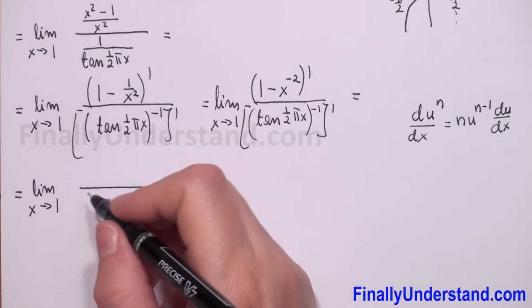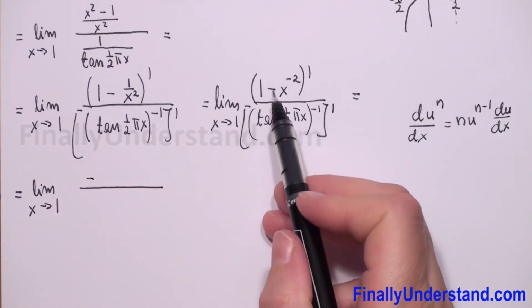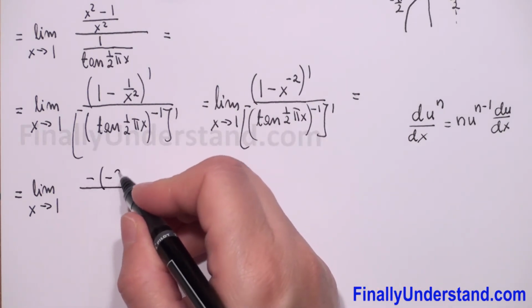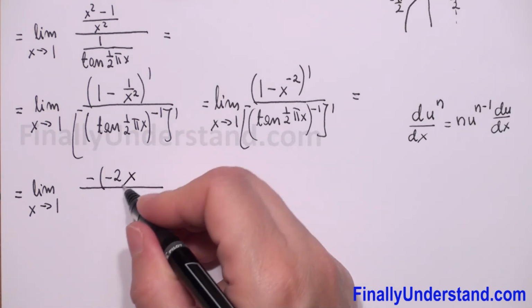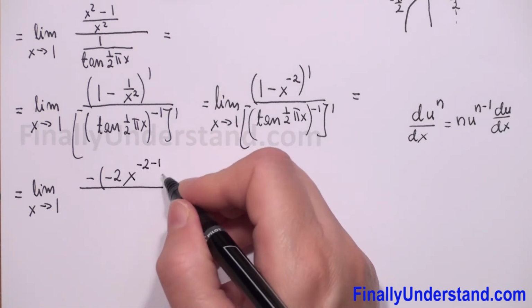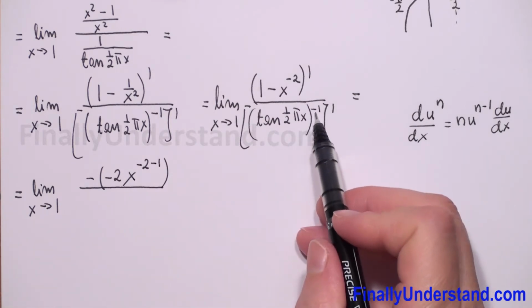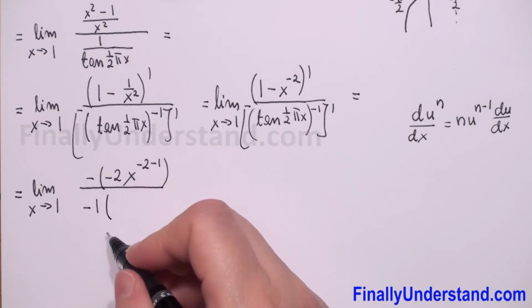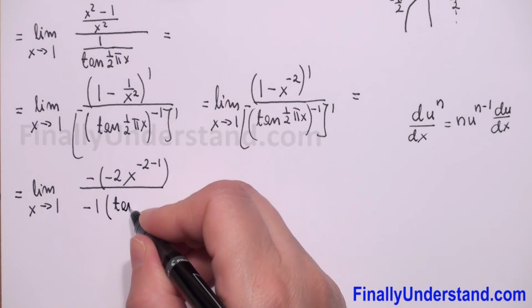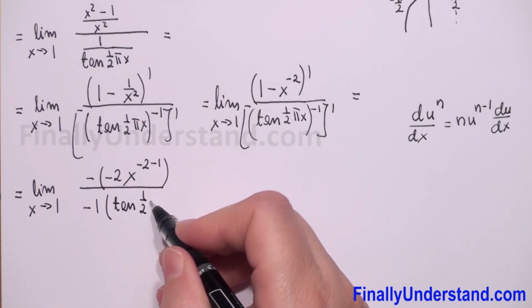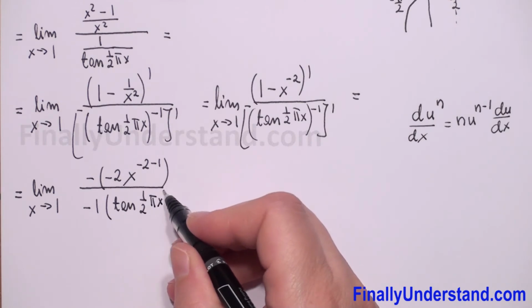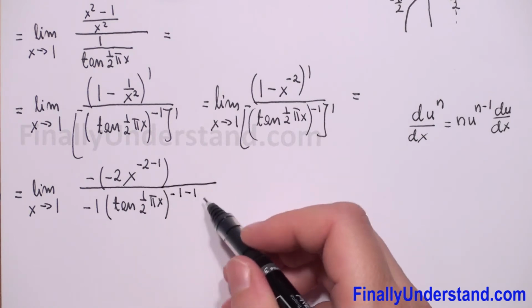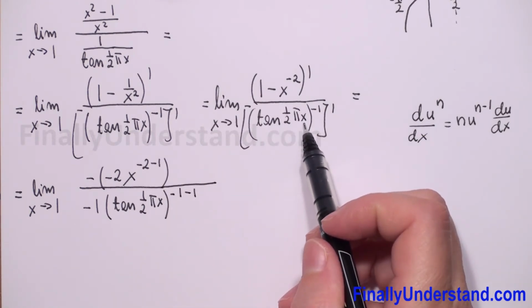We will have here negative sign, we have to copy, and we have to take down this negative 2, so we have times negative 2 times x to power negative 2 minus 1, and denominator we have power here, so first we have to take this negative 1 down, and we have to copy tangent of 1/2 pi x. Now will be negative 1 minus 1 the power, and we have to find the derivative of function which is inside.